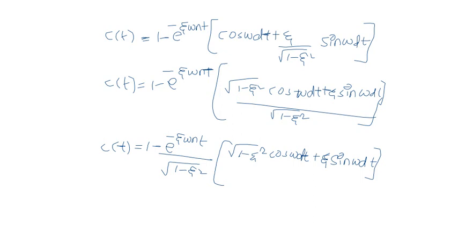But we are having the right angle triangle. So this value is 1. This is zeta. And this is under root of 1 minus zeta square.